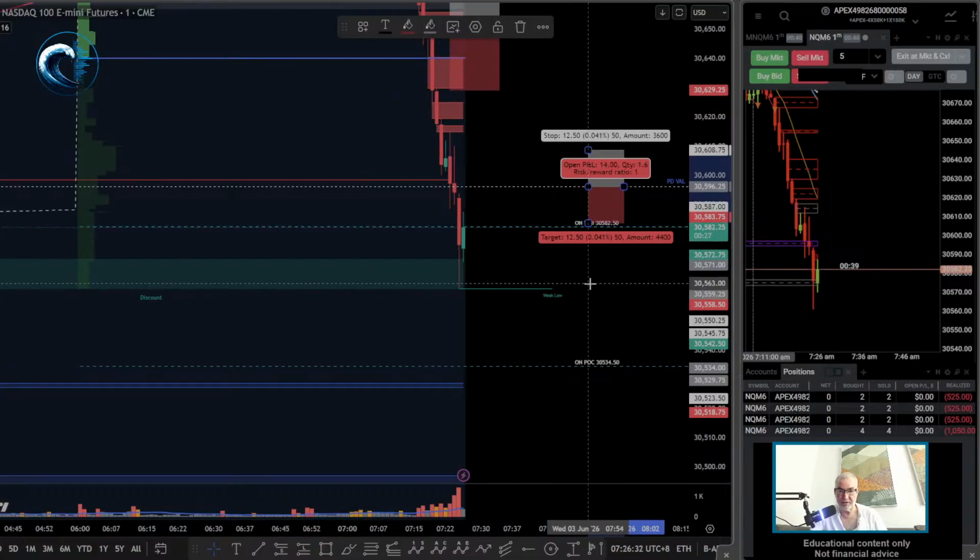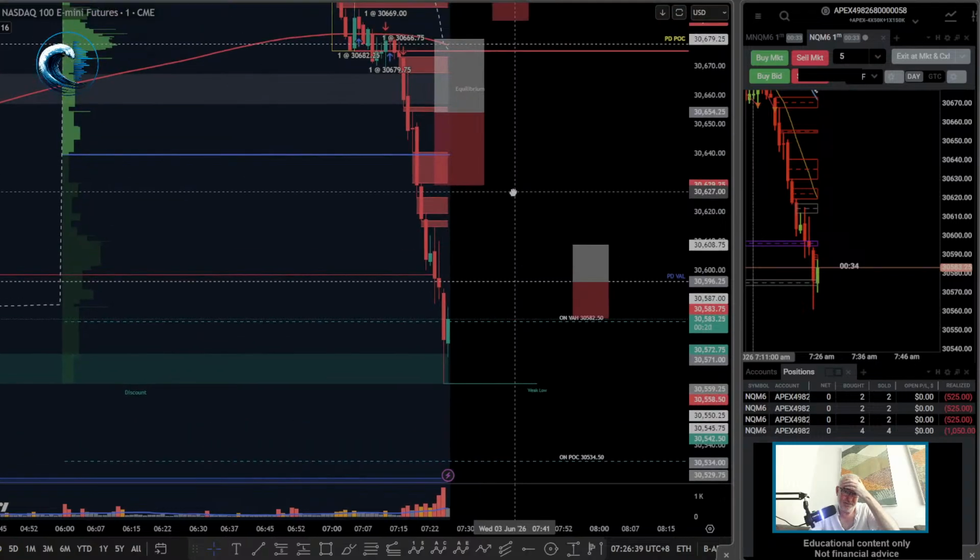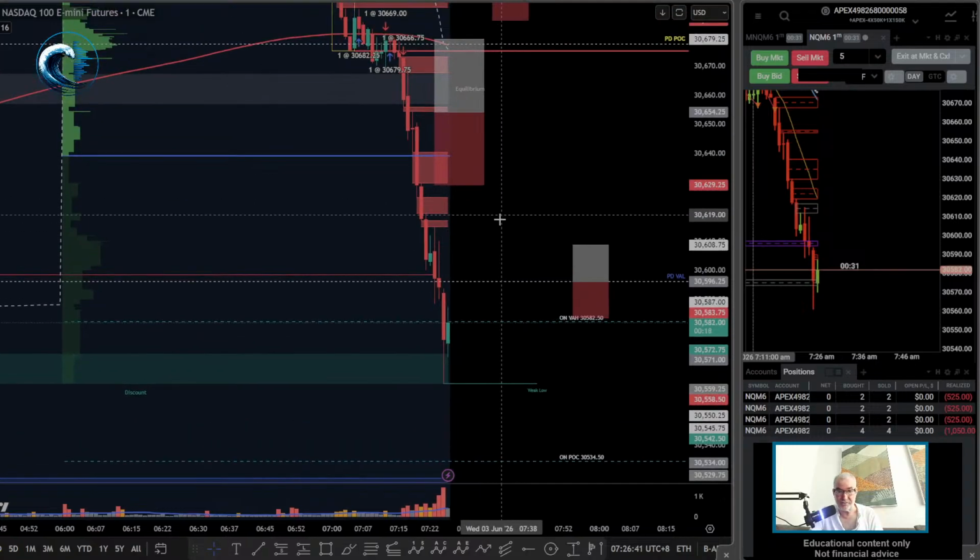This could easily suck them in, couldn't it? I'd much rather short from up here.